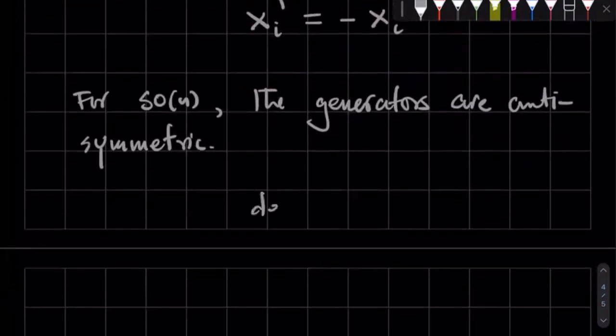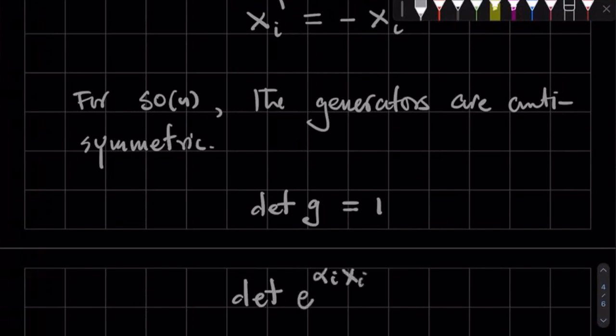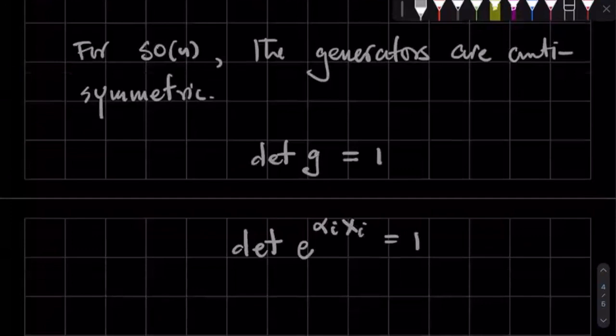The other property is that the determinant of G is 1, right? For the continuous transformations. So that means the determinant of e to the power alpha_i x_i is 1. But we know that the determinant of e to the power alpha_i x_i is e to the power trace of alpha_i x_i, equal to 1.